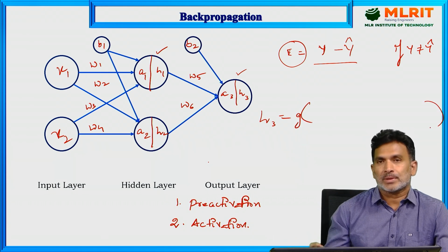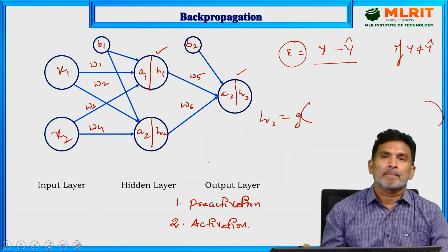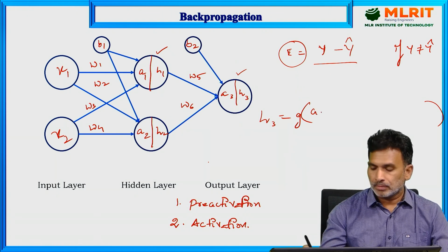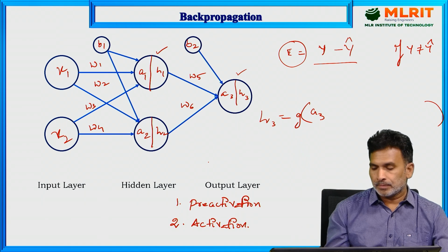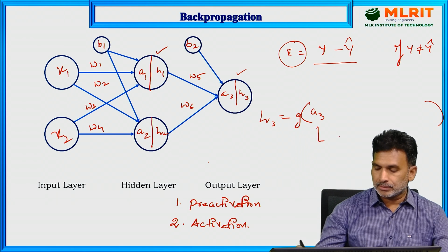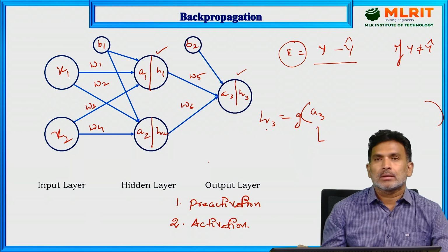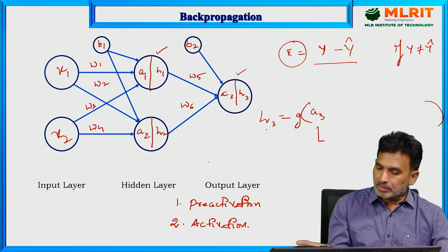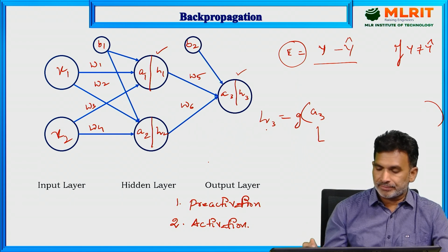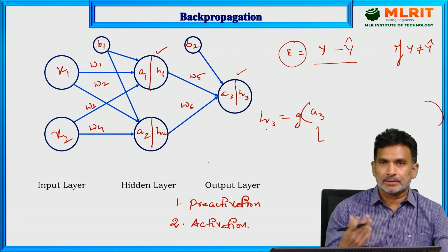H3 would be expressed as G of A3, and then what is A3 here? As we already saw, H3 can be represented in the form of H1, A1, X1, like that.